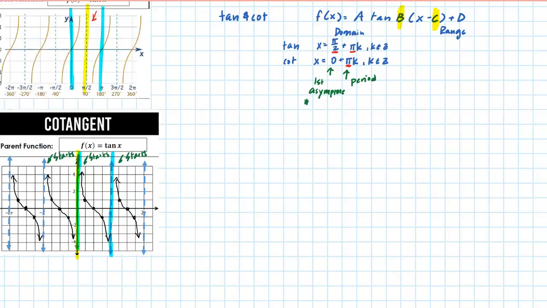So we're going to multiply it. Remember, we have to take the reciprocal of this and take the opposite of that. So 1 over B, and then we're going to add C to it. Okay, and be mindful that cotangent actually has a 0. And then when we write the asymptote, that pi is going to now change into the new period.